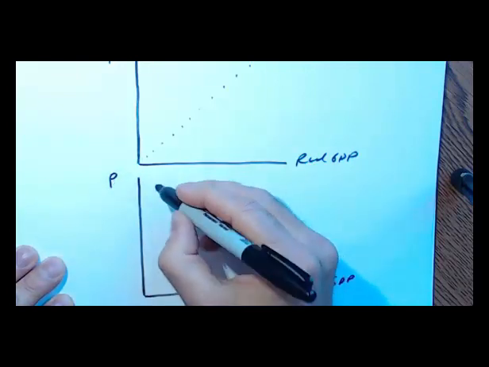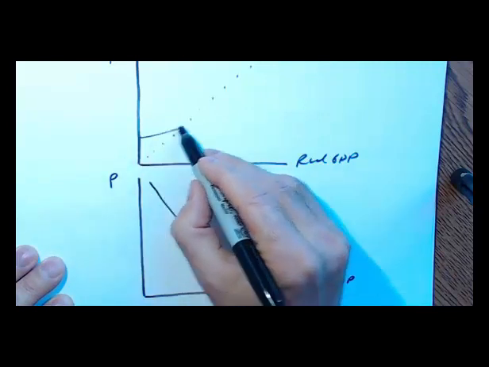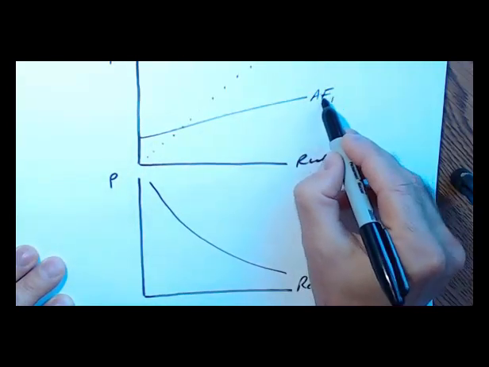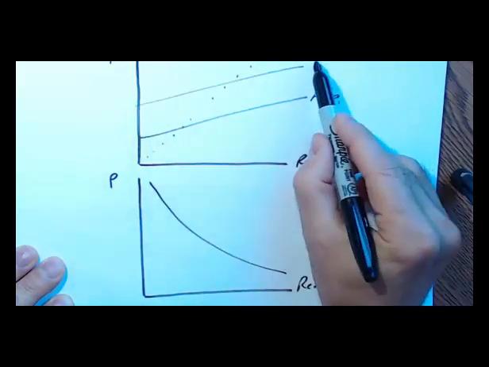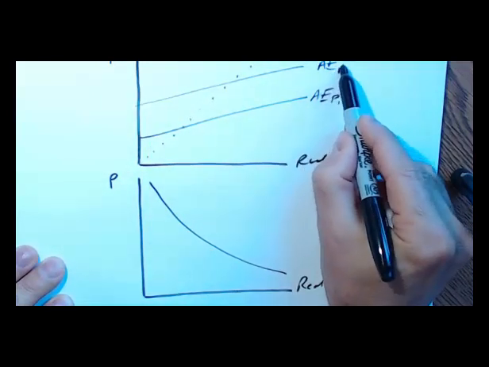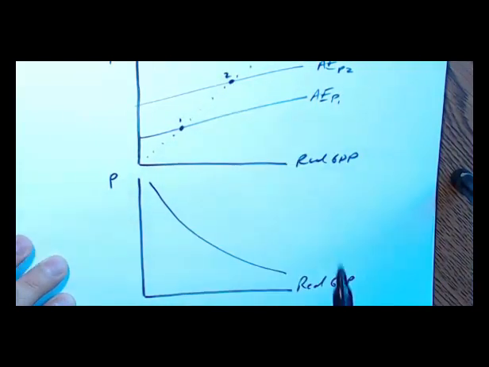So here's the aggregate price level, here's the aggregate demand curve, here is AEP1, and here is AEP2, equilibrium 1, equilibrium 2. So I need a new pen. That was starting to die out on me.